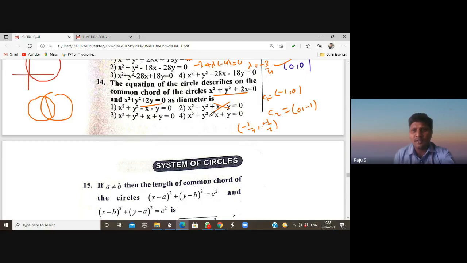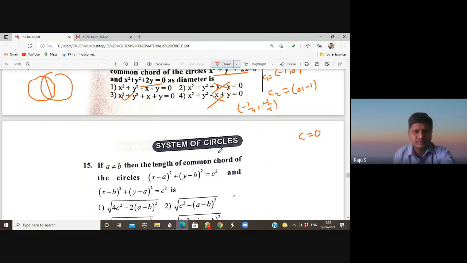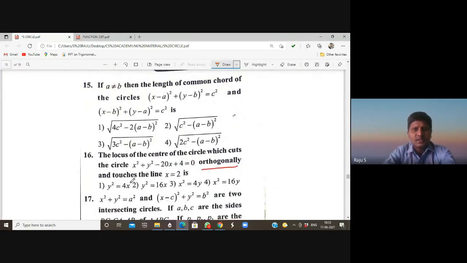This is wrong, this is wrong, this is right. Both will be plus. Even you can take the center as G comma, and the C value should not be considered; the C value should be 0.